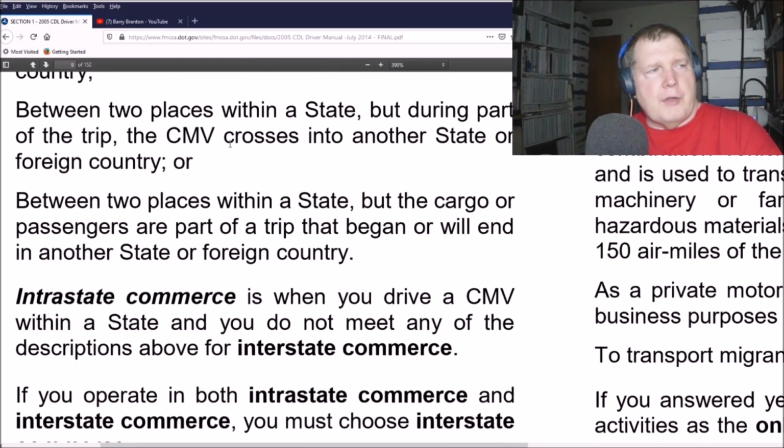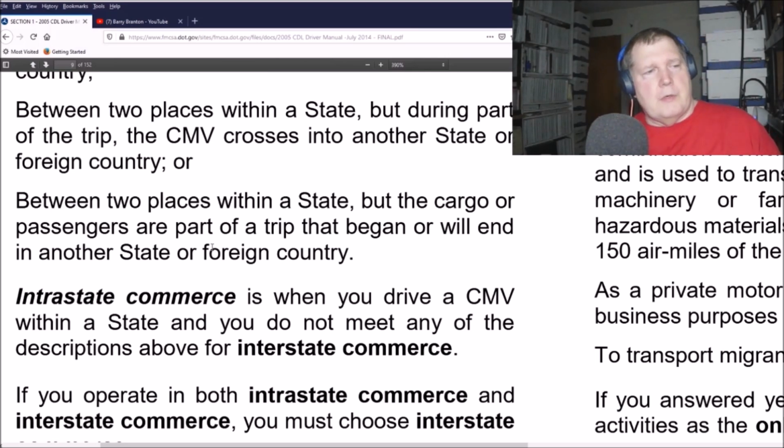Between two places within a state, but during part of the trip, the CMV crosses into another state or foreign country, or between two places within a state, but the cargo or passengers are part of a trip that began or will end in another state or foreign country.